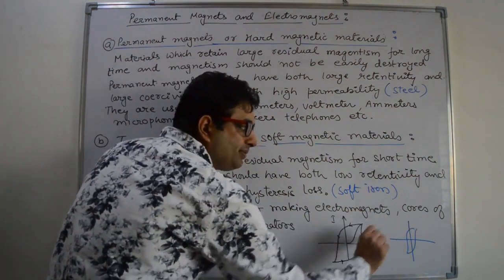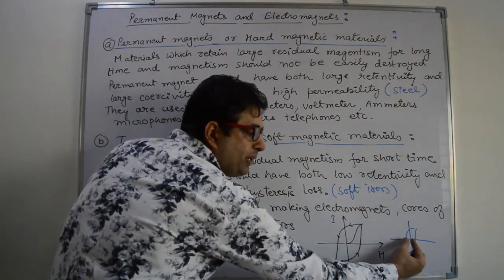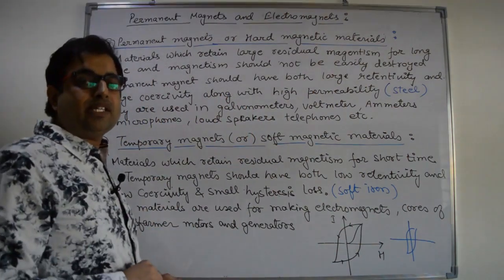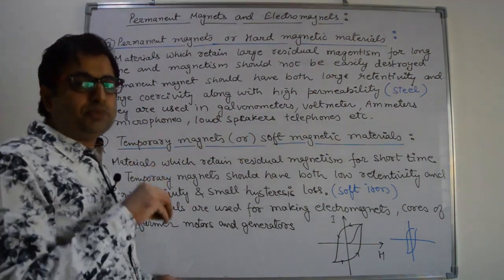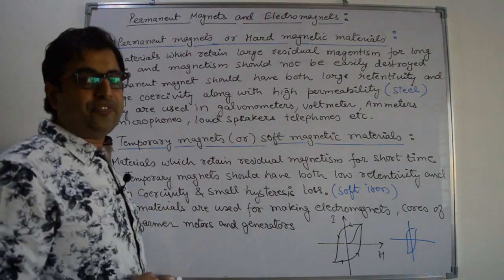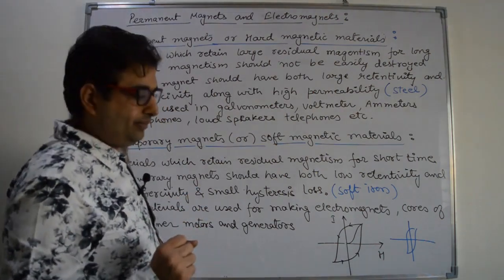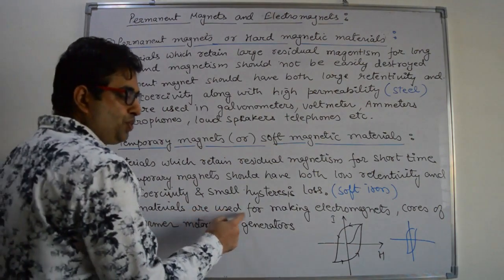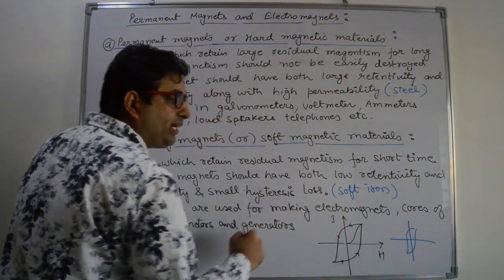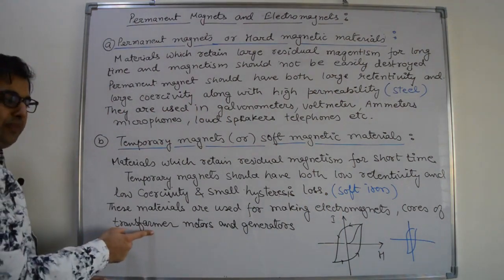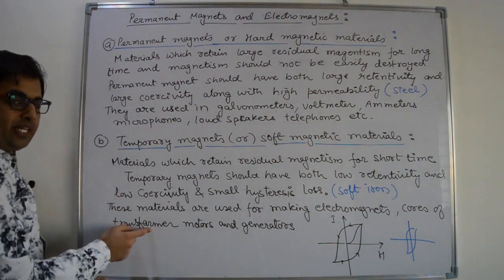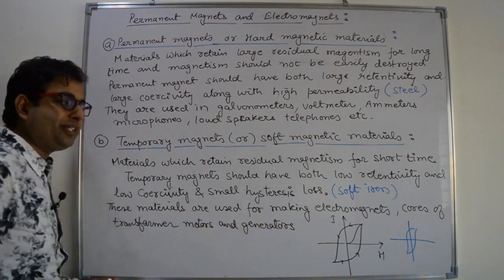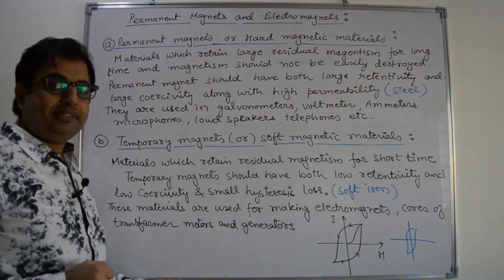Retentivity should be less and coercivity should be less. Coercivity less means we can easily demagnetize the material by applying a small amount of external magnetic field in the opposite direction. These materials are used for making electromagnets, cores of transformers. Transformer is there in our syllabus, we will discuss that. Also motors and generators. Right?